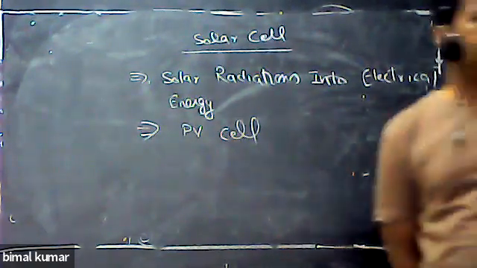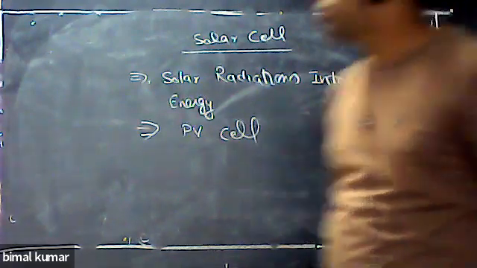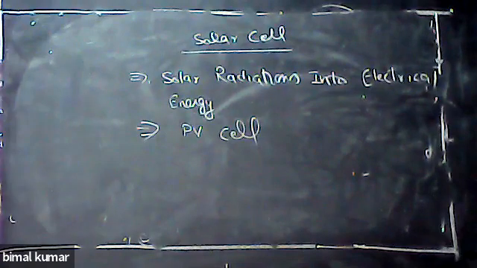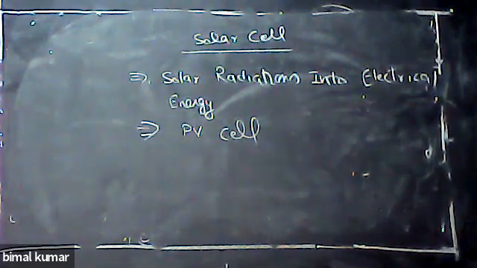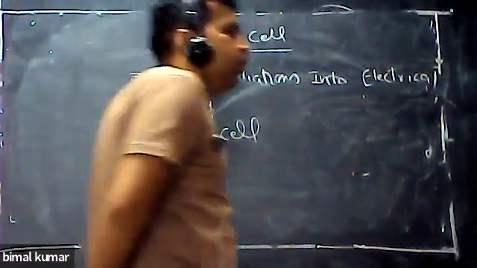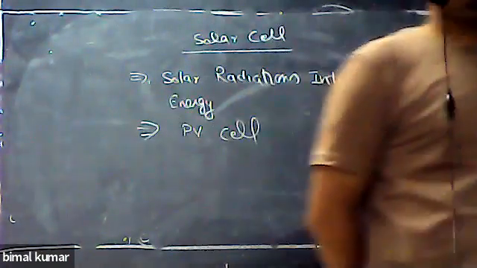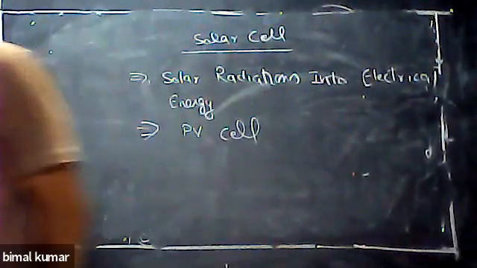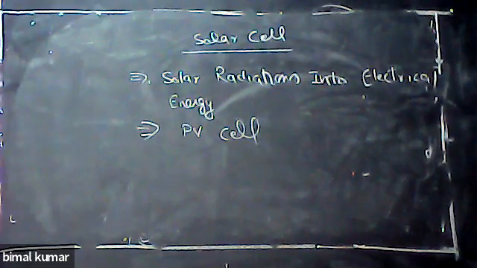If a number of solar cells are connected in series, then the voltage capacity of the string will increase, and we will be able to utilize this combination for operating any of this load or home appliances, right?